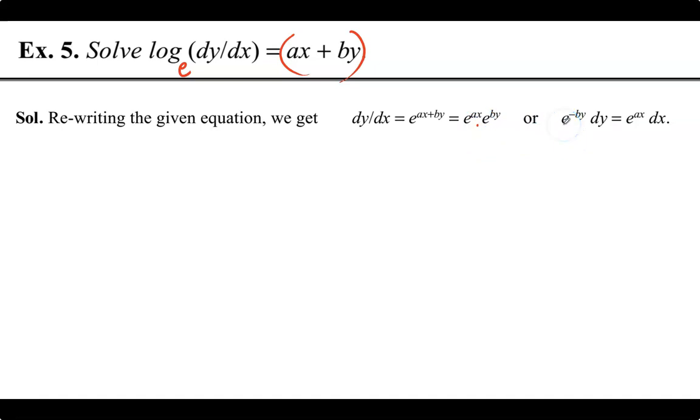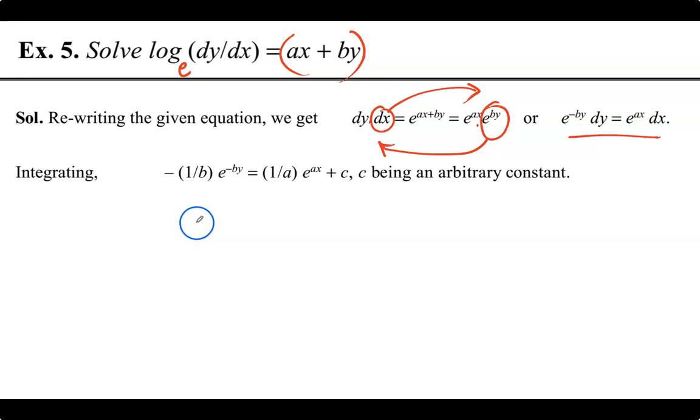To separate the variables, we can bring this e raised to by to the LHS, and we can take this dx to the RHS. Then we will get e raised to minus by dy is equal to e raised to ax into dx. Now we can integrate this relation to obtain our solution, since we have separated the variables x and y.